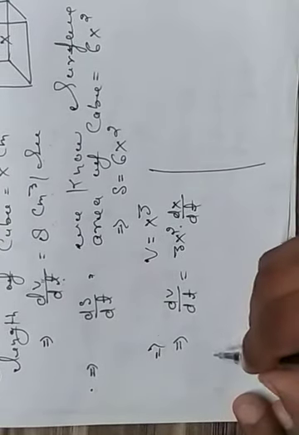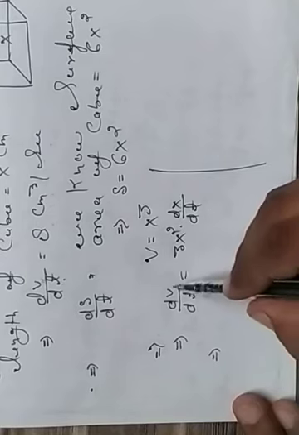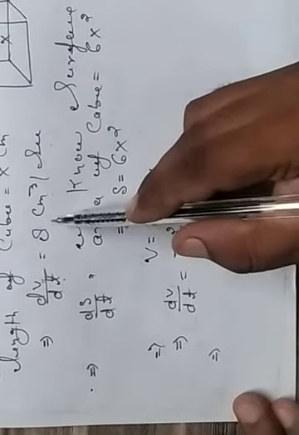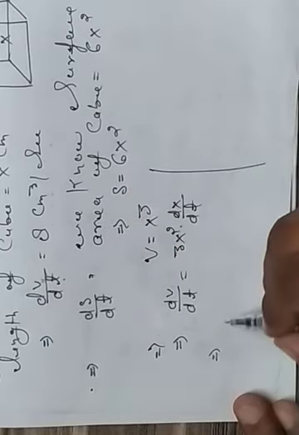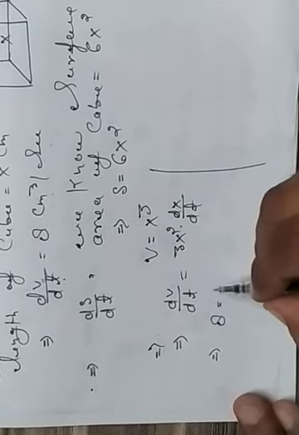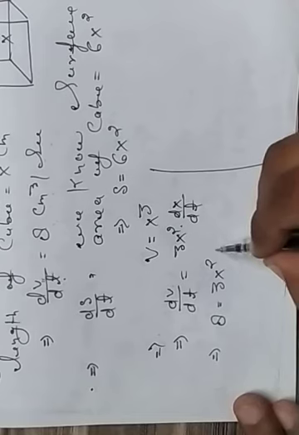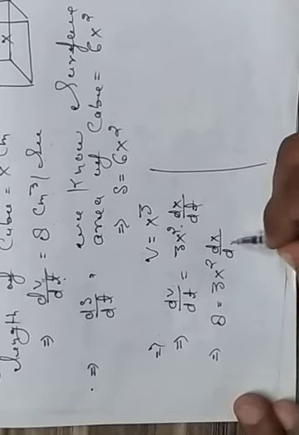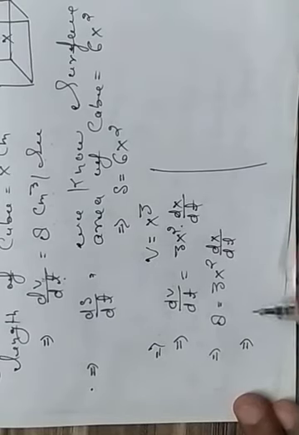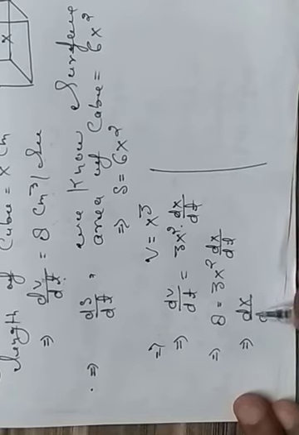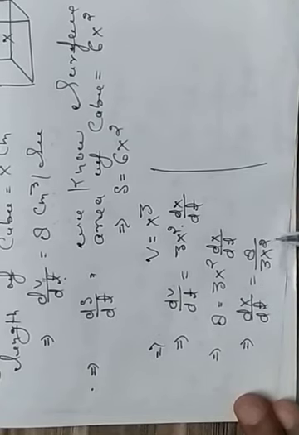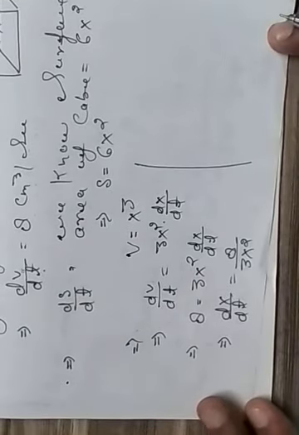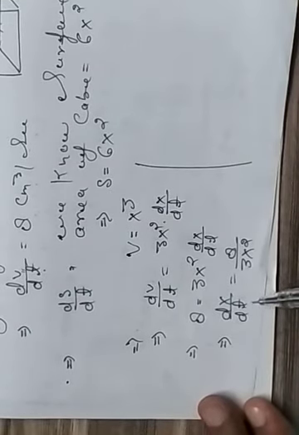And we know the value of dV upon dt, it is already given in your question, which is 8 centimeter cube per second. Then write here 8 is equal to 3x square dx upon dt, implies dx upon dt is equal to 8 upon 3x square.